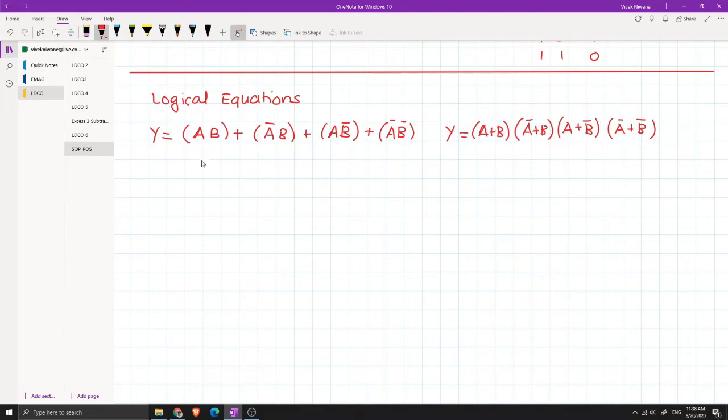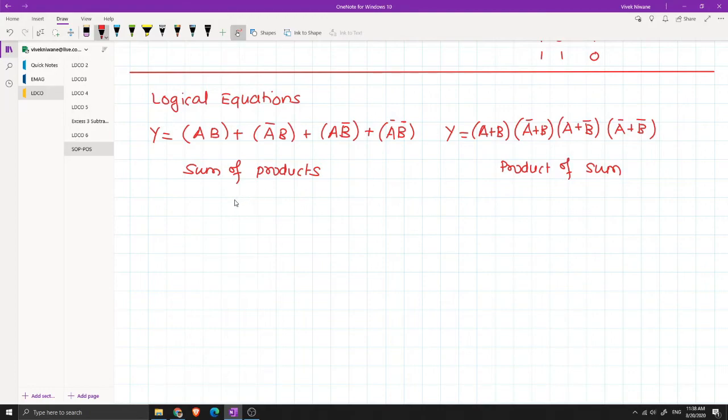If you look at these two examples, here it is a sum of products, and here it is a product of sums. So there is a standard way to represent these kinds of equations so that their explanation becomes easy from the representation.